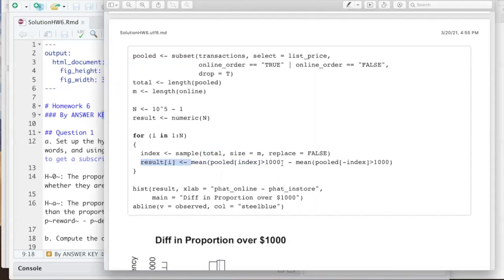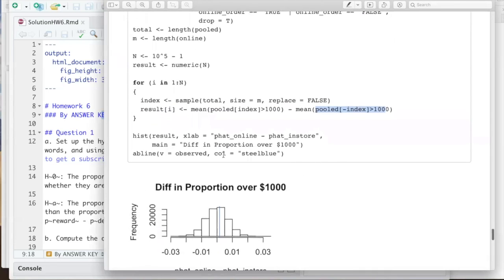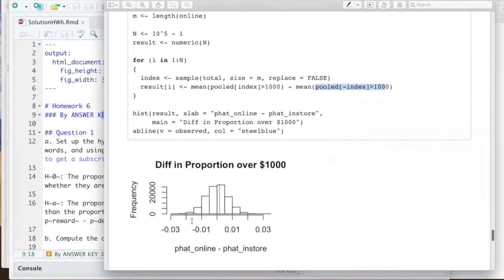And this operation again just calculates out of all of the pooled observations that we said were in sample 1, what proportion of them are over 1,000. All of the rest of them, what proportion of those list prices were over 1,000. And now let's calculate the difference of those two sample proportions. And then those get displayed in the permutation distribution below.